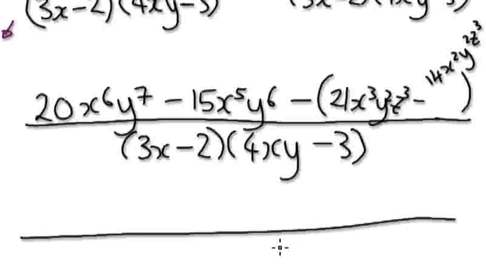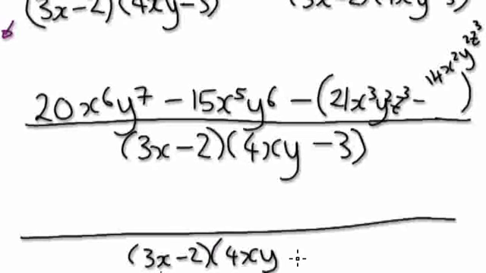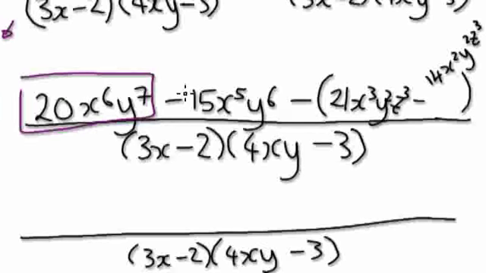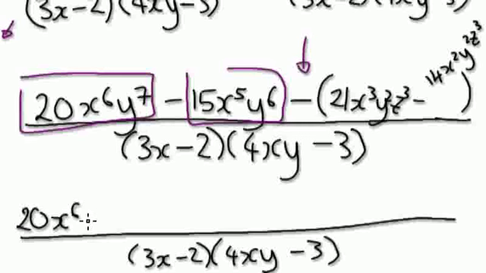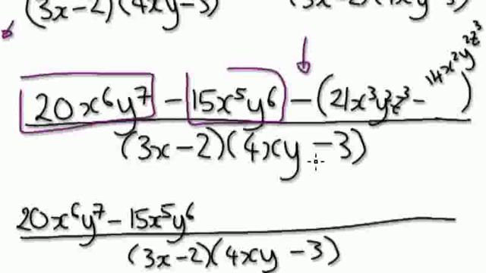Okay. Oh, this is going to be messy, but bear with me. So this would be, hang on, 3x minus 2, 4x squared, whatever, minus 3. So this would be, well, let's take this down, and this down, okay? And then we will deal with this negative thing, because it's quite weird. So let's do this first. 20x to the power 6, y to the power 7, minus 15x to the power 5, y to the power 6.